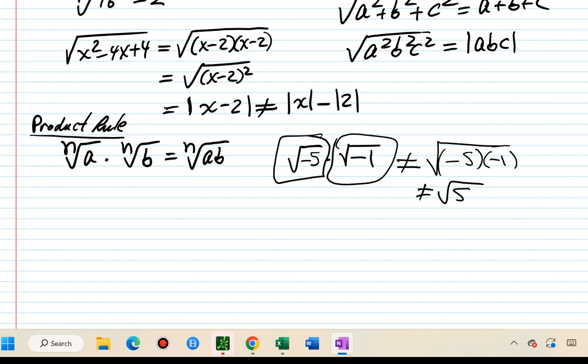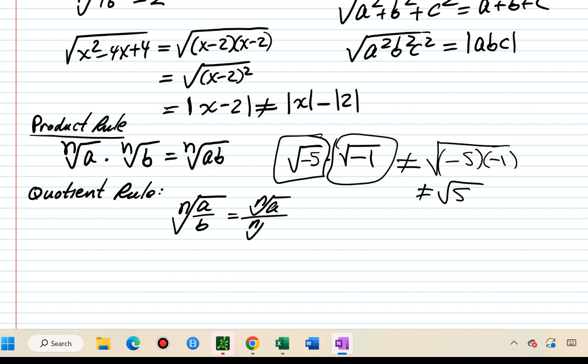Okay, and then we have the division, or as we call it, the quotient rule of radicals. The quotient rule of radicals allows us to write the nth root of a fraction as the nth root of a over the nth root of b. And remember, the same restriction works with quotients, so I cannot do the square root of -5 over the square root of -2 and say that's the square root of -5 over -2 and magically it becomes positive.